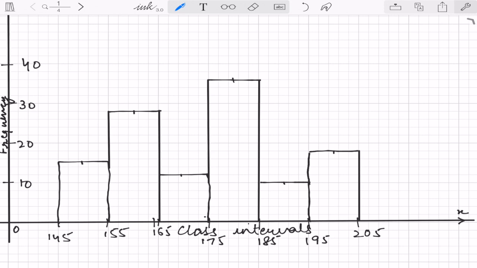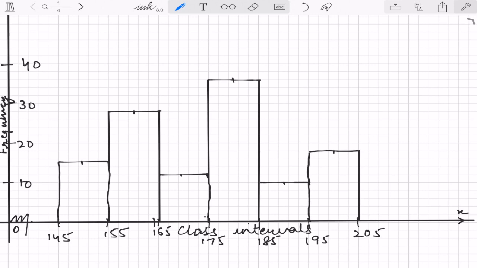So from origin to 145, there is a gap of 145, and for the rest of the bars, there is a gap of 10. So we will put a kink here. Now for the frequency polygon, remember, it starts from the base and ends also on the base. It starts from the x-axis and ends on the x-axis.